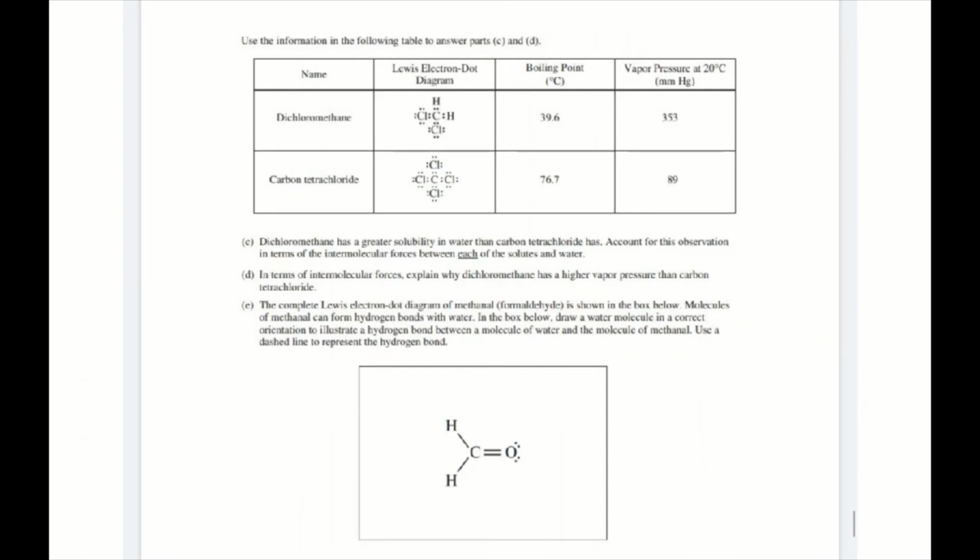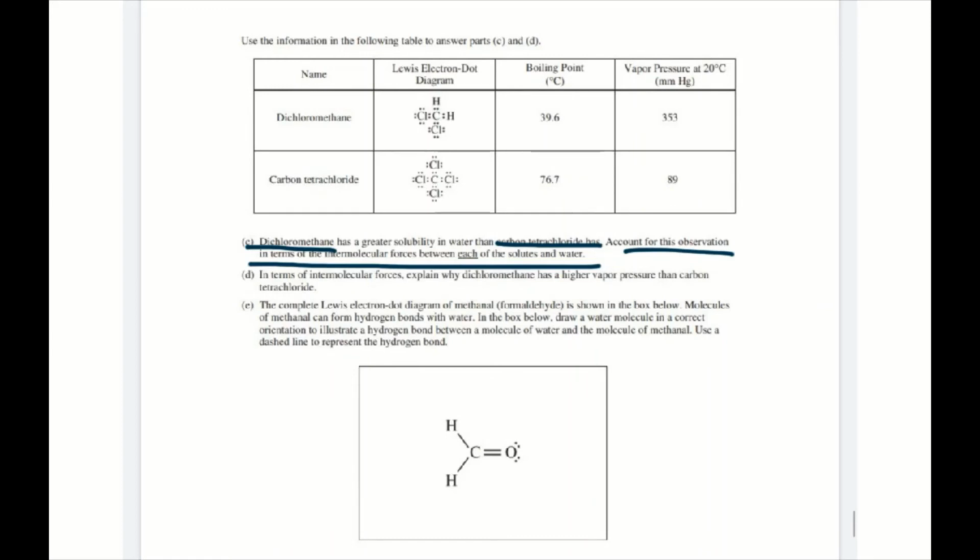So C states that dichloromethane has a greater solubility in water than carbon tetrachloride has. Account for this observation in terms of the intermolecular forces between each of the solutes and water. Now, if we remember, like dissolves like, so things with more similar intermolecular forces are more likely to dissolve one another.